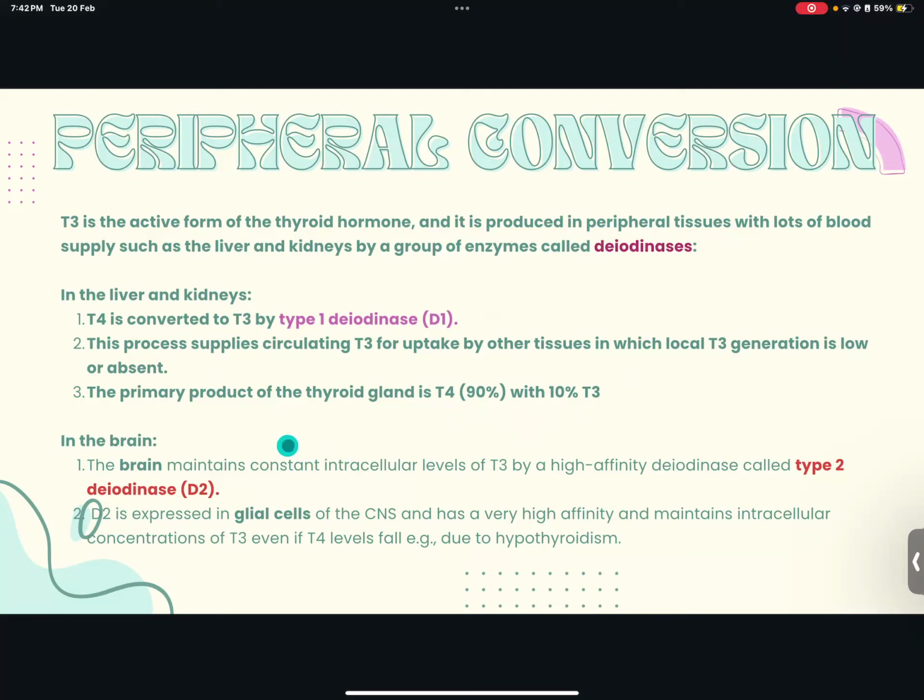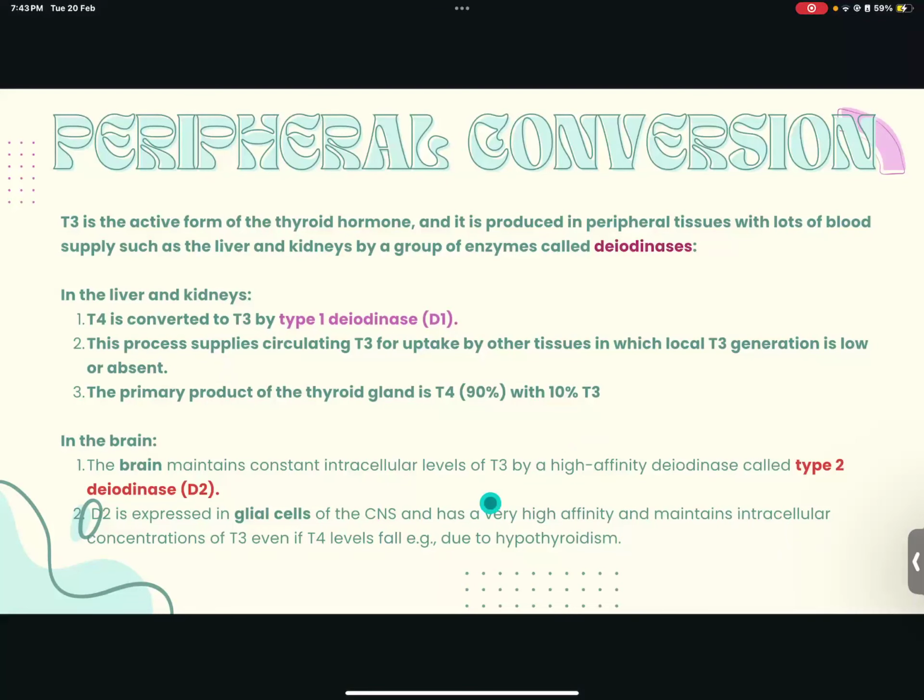Now, the brain is a special tissue. It'll have its own deiodinase, which is called type 2 deiodinase. And basically, it'll help the brain maintain constant intracellular levels of T3. It's found in the glial cells of the CNS. The glial cells are like the supporting cells of the central nervous system, and they express type 2 deiodinase or D2.